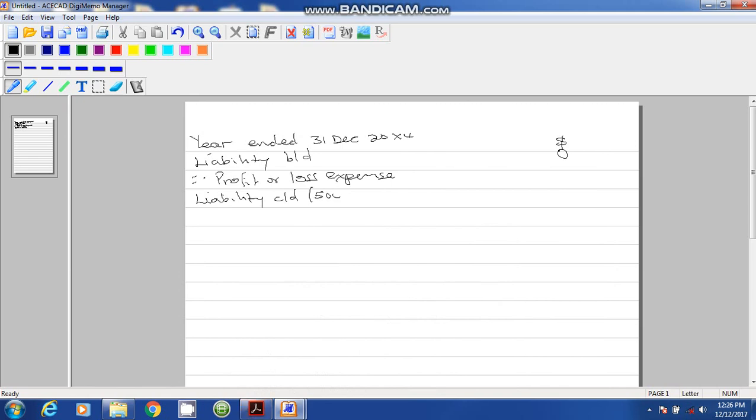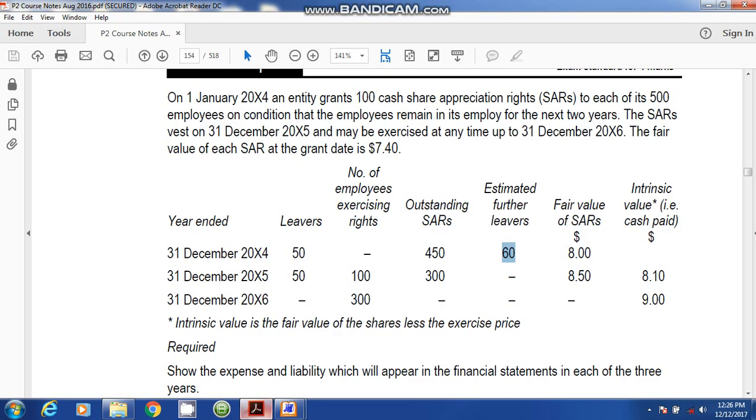So 500 minus 50 minus 60. Each one is entitled to 100. The fair value of the SARs at the end of the year is $8.